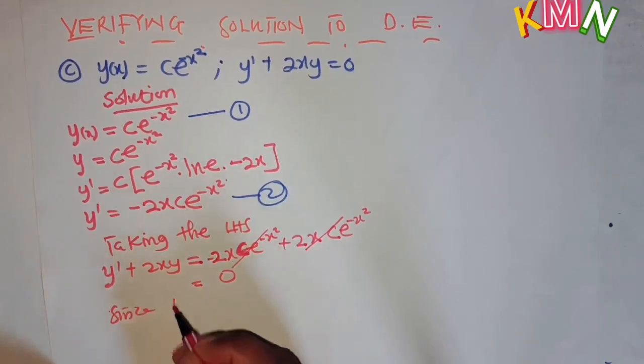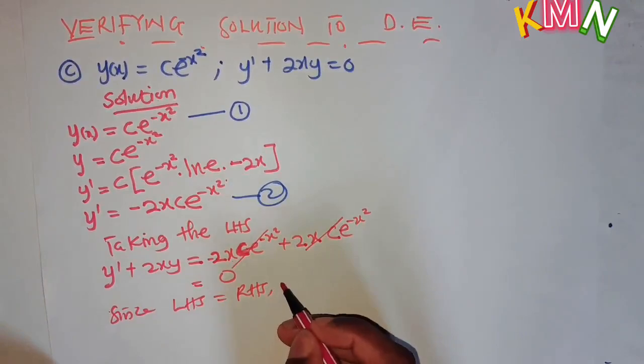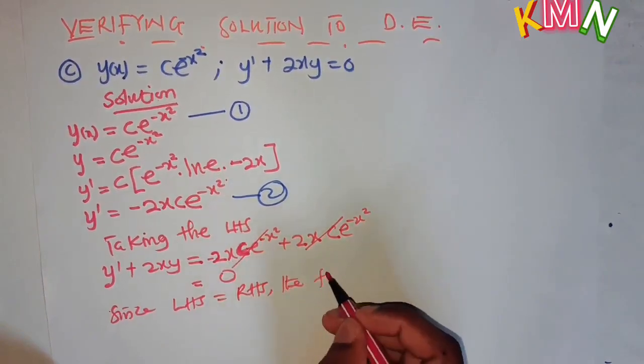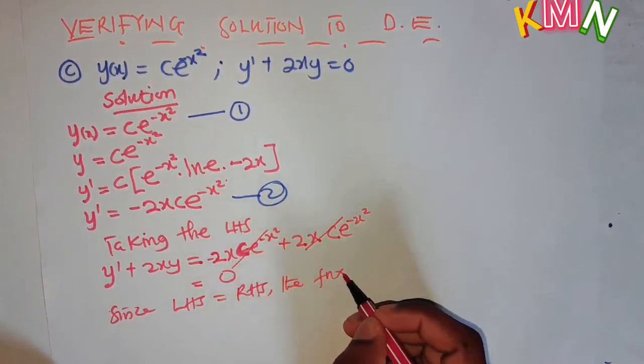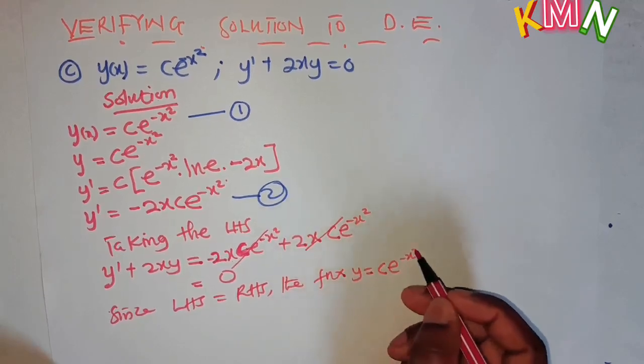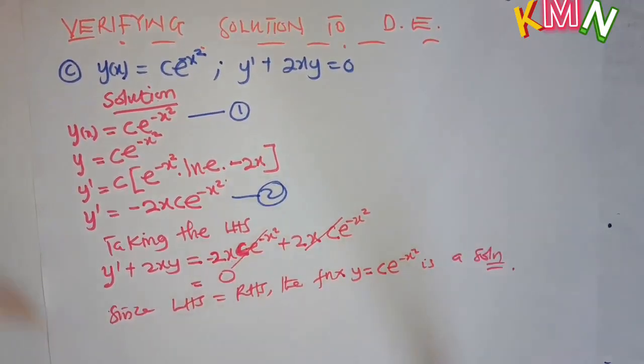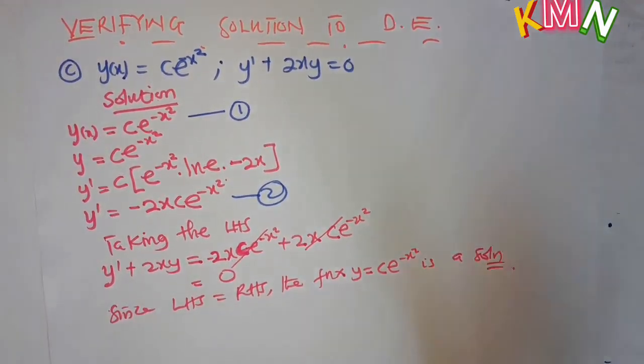Since the left hand side is equal to right hand side, the function y equals c e power negative x squared is a solution. So that's that.